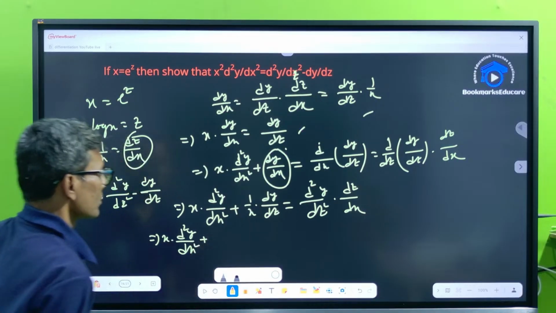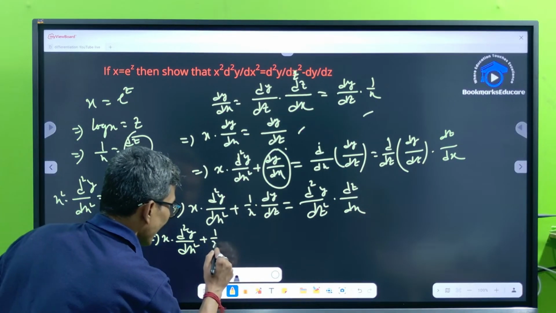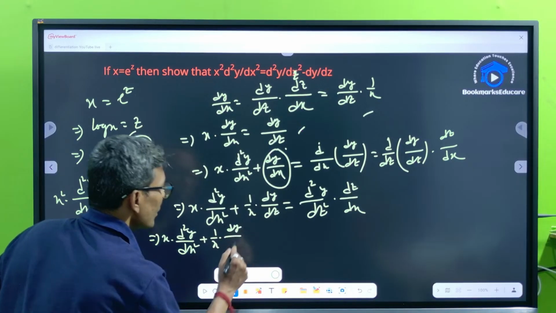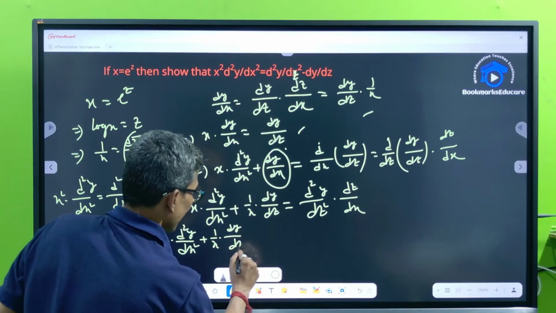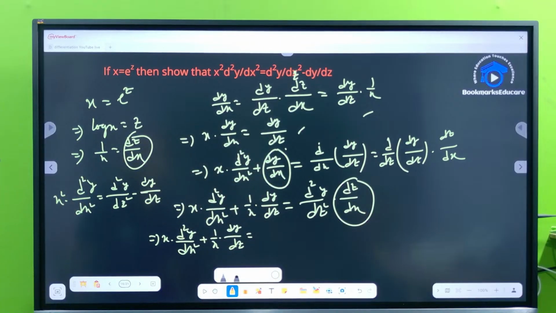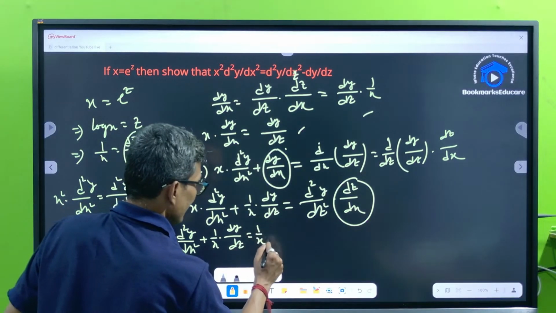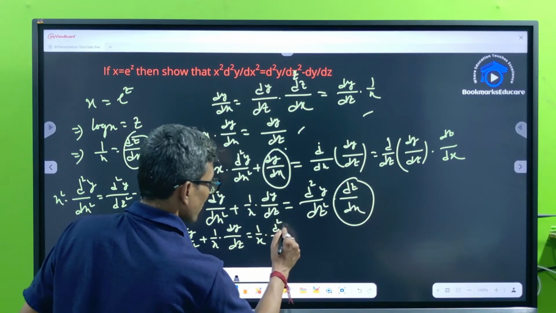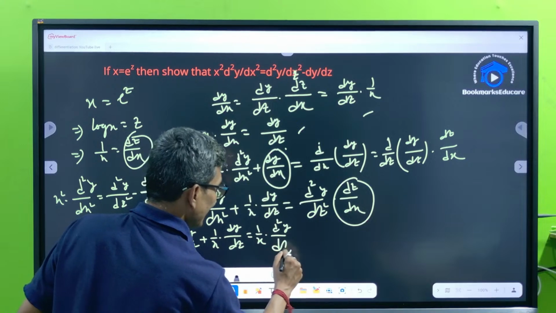Plus 1/x into dy by dz is equal to, instead of dz by dx we can put 1/x into d2y by dz2.